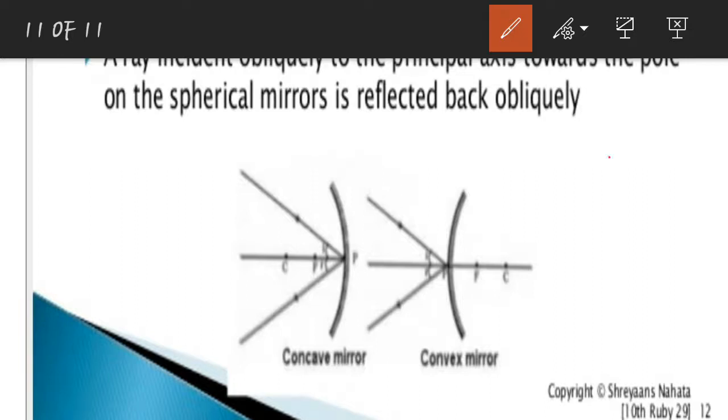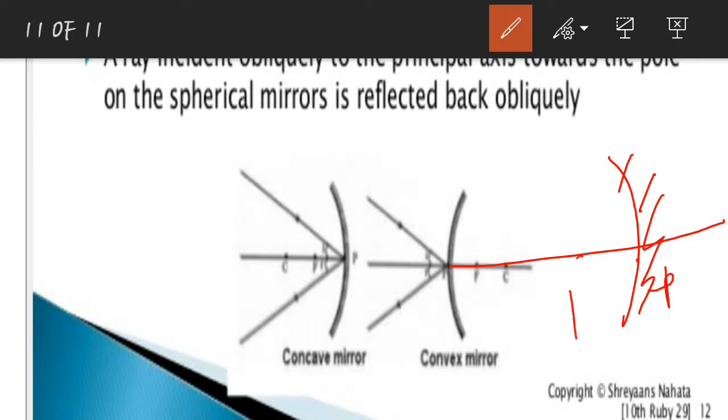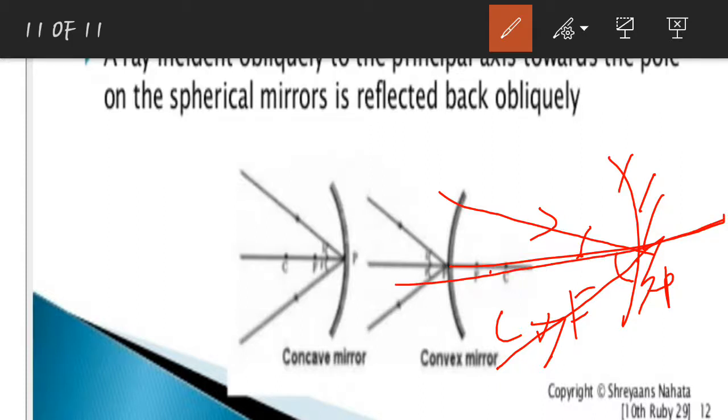So here what is going to happen, if this is a concave mirror, this is the principal axis, this is pole, this is focus, this is center of curvature. If you are incident a light at pole, then it is going to reflect back with the same angle, making angle of incidence equal to angle of reflection. Means here this principal axis is going to act as a normal for us.